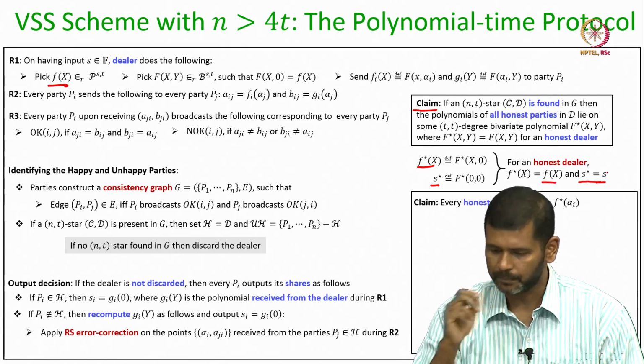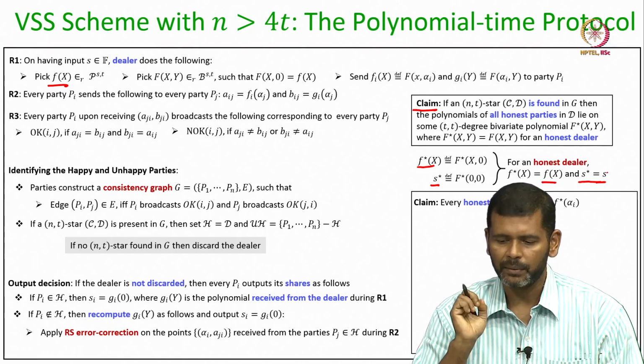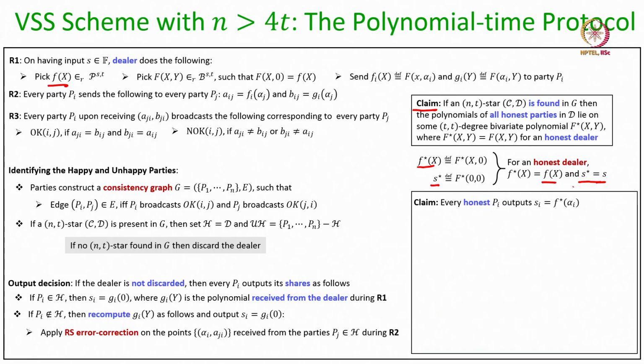Now, what we are claiming here is the following: every honest party in the protocol outputs the ith point on this defined summary sharing polynomial, and again it depends upon whether the arbitrary honest party Pi is part of the happy set or not.